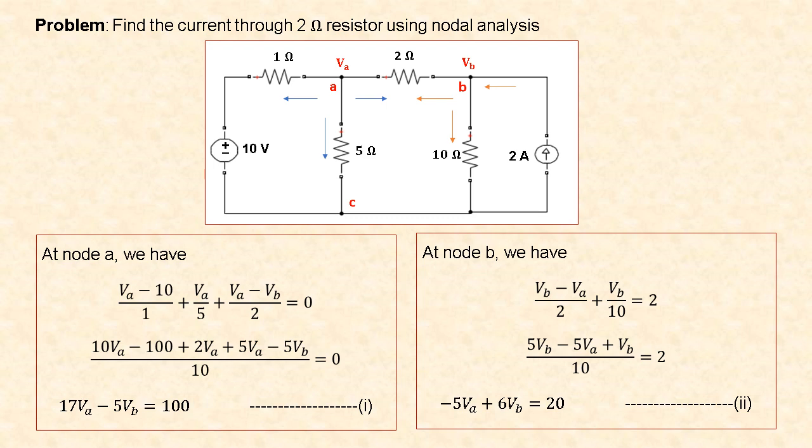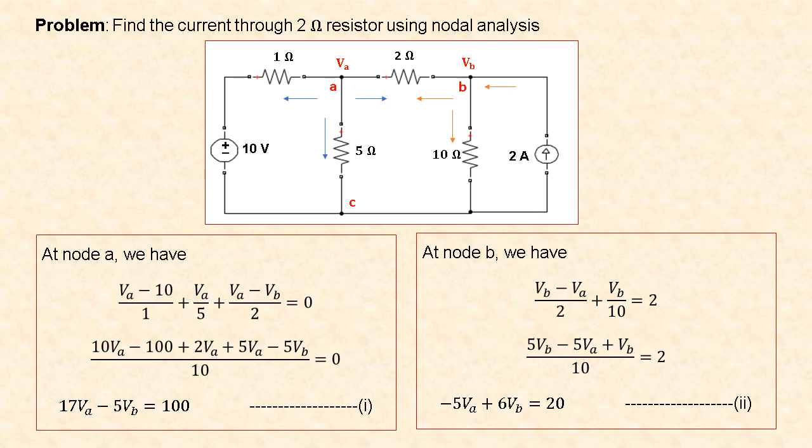In this circuit, the number of principal nodes is 3, that is A, B and C. Let us consider node C as the reference node. Let the voltage at node A be VA and the voltage at node B be VB.